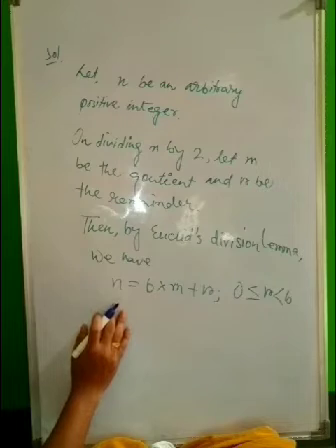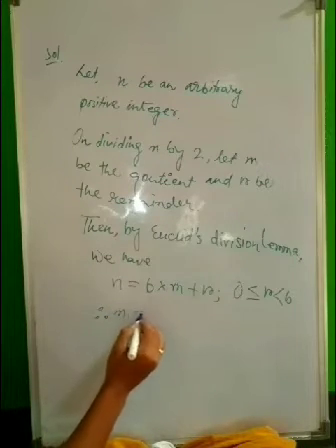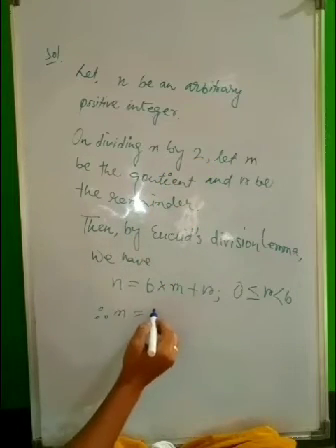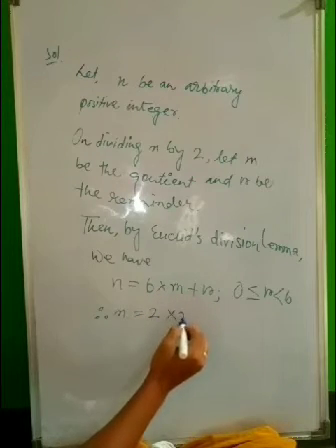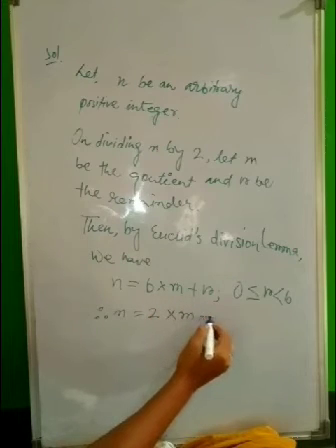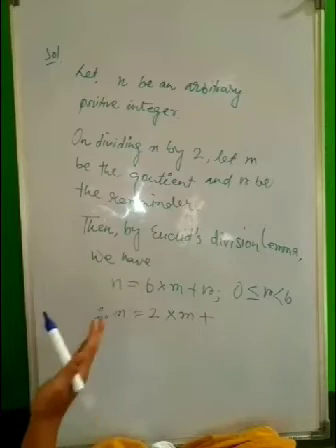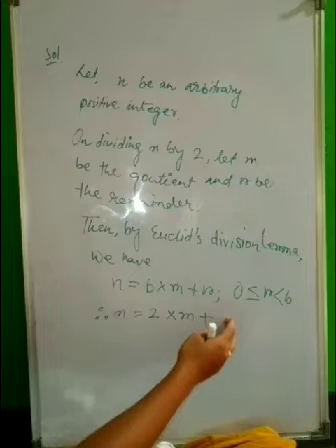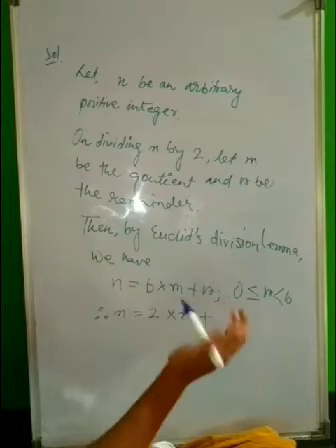So n, we don't have any value, but the divisor B we have is 2. So let's put 2 in place of B, 2 into M plus R. We have two types of remainder in this question, one is 0 and the other is 1. So we cannot put 0 or 1, because of the different remainders.